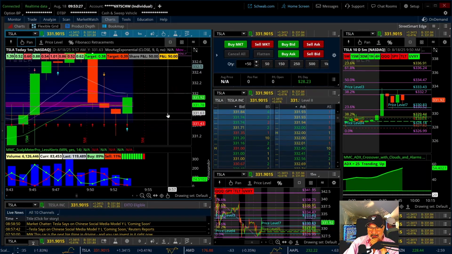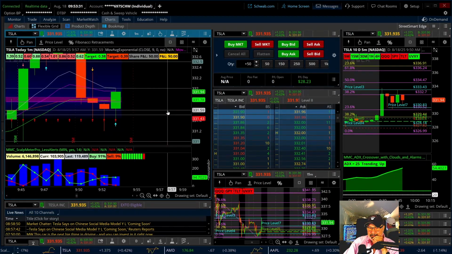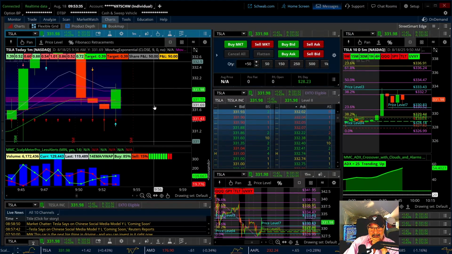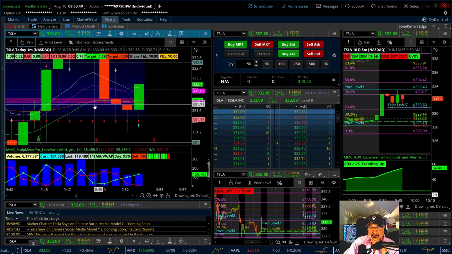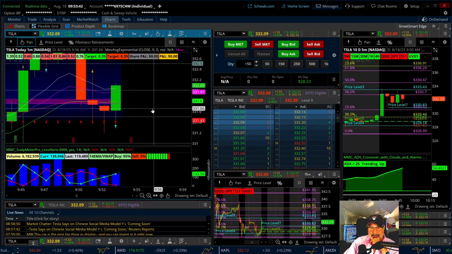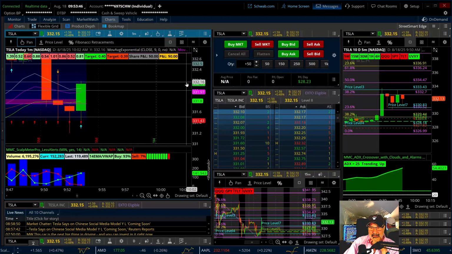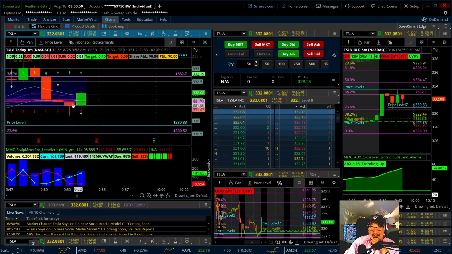Almost got it there. Definitely had two reversal signs, and then we were right at a $0.50 there. It looked good to go long there.